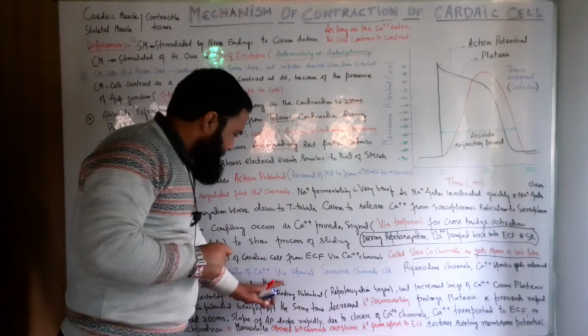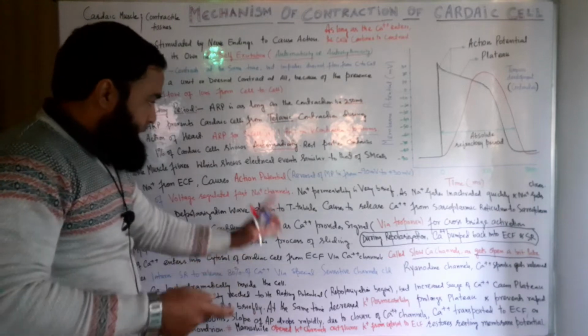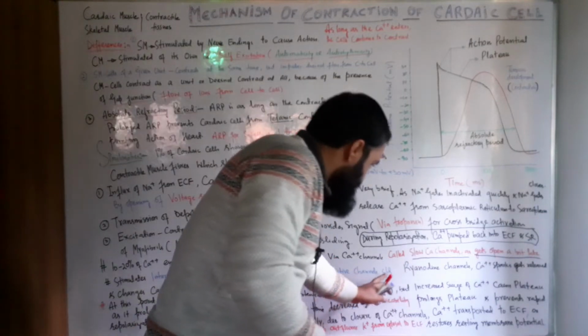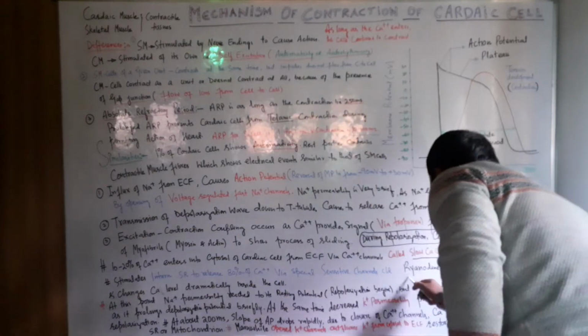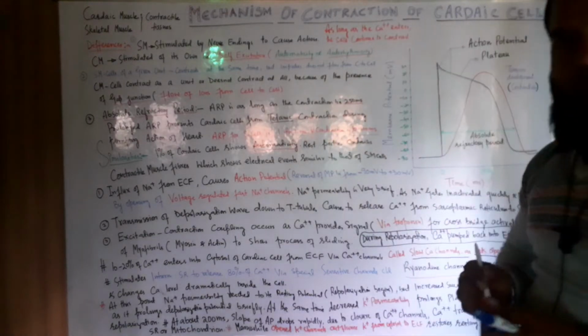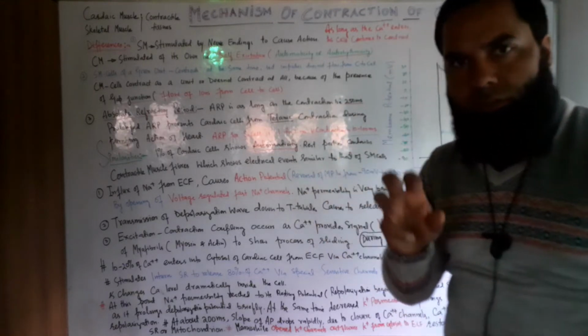80% of the calcium gets released from the sarcoplasmic reticulum via special sensitive channels called the ryanodine channels. Must remember, there are ryanodine channels which are found on the membrane of the sarcoplasmic reticulum.